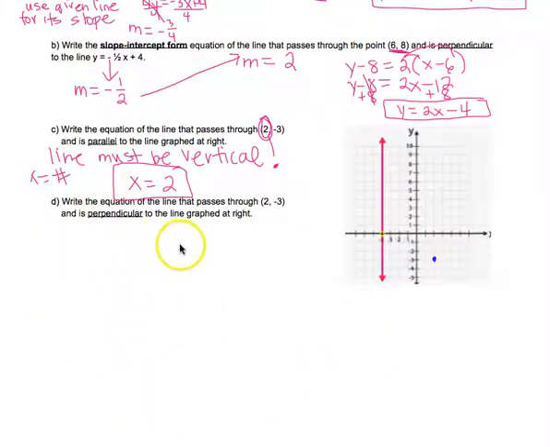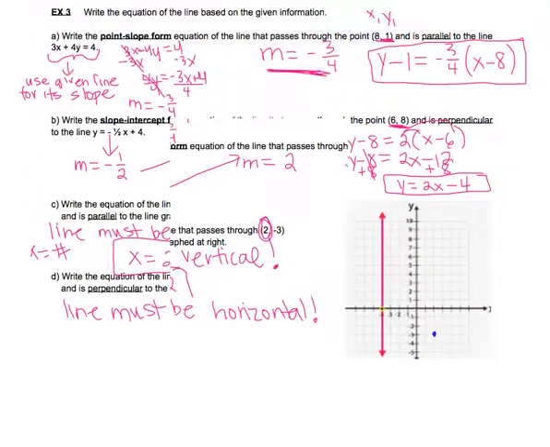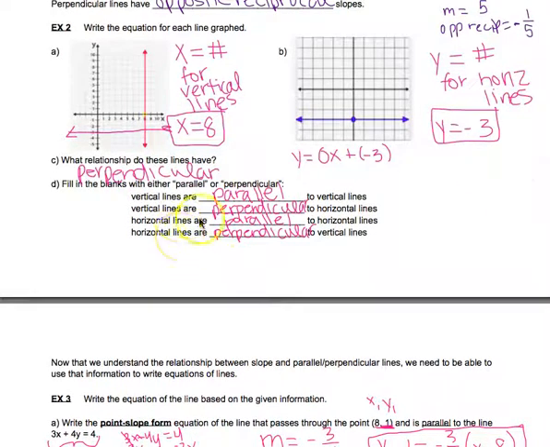All right, last one. Now we're going to write the equation of the line that passes through that same point, so this point here, but is perpendicular to the line graphed. So the line graphed is vertical. That means my line must be horizontal, because as we wrote in the above section, vertical lines are perpendicular to horizontal lines.